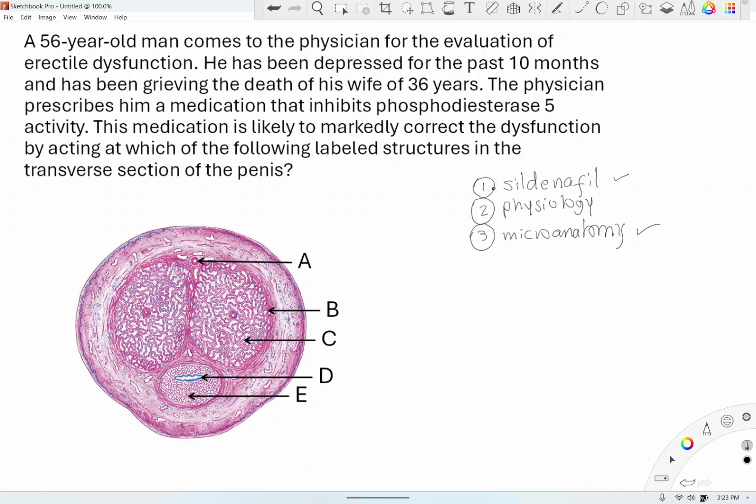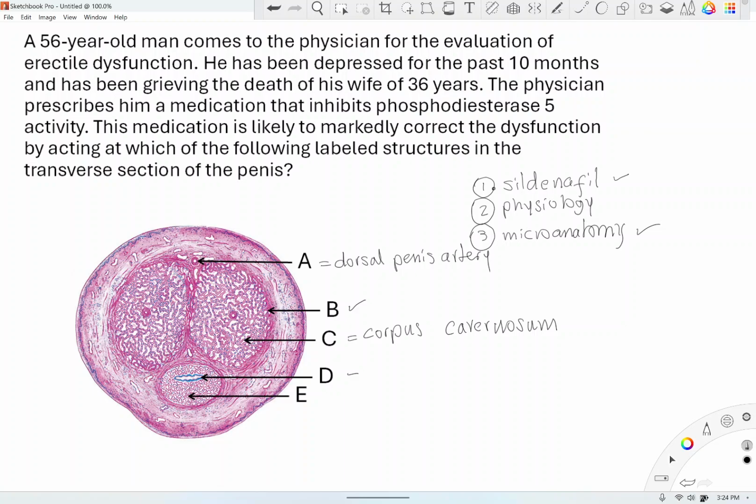Let's see if you know the microanatomy. A is looking at the dorsal artery of the penis, or penile artery. You can look at it, it looks like an artery. B is a fibrous tissue. It's a fascia, or you can call it tunica albuginea. C is corpus cavernosum.